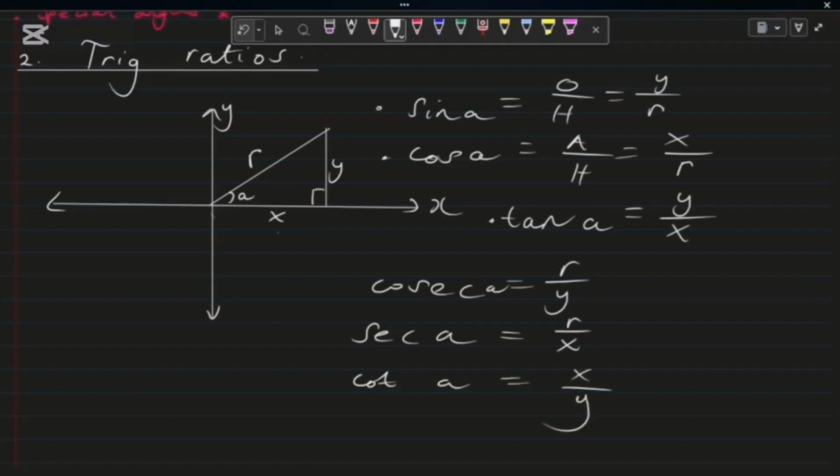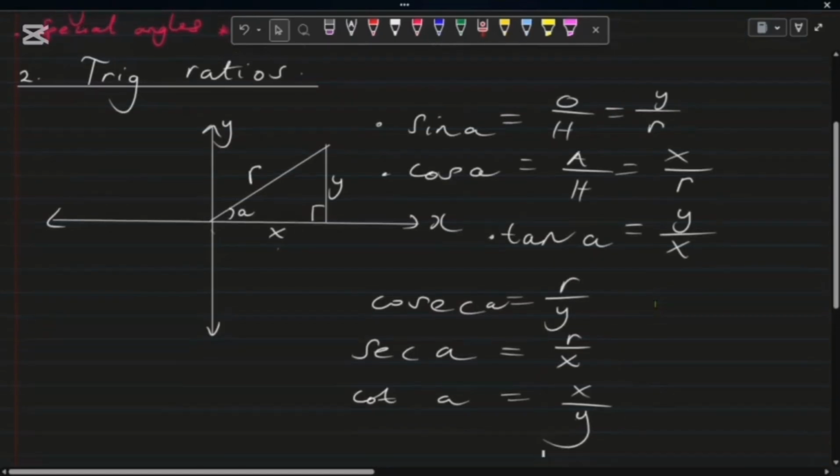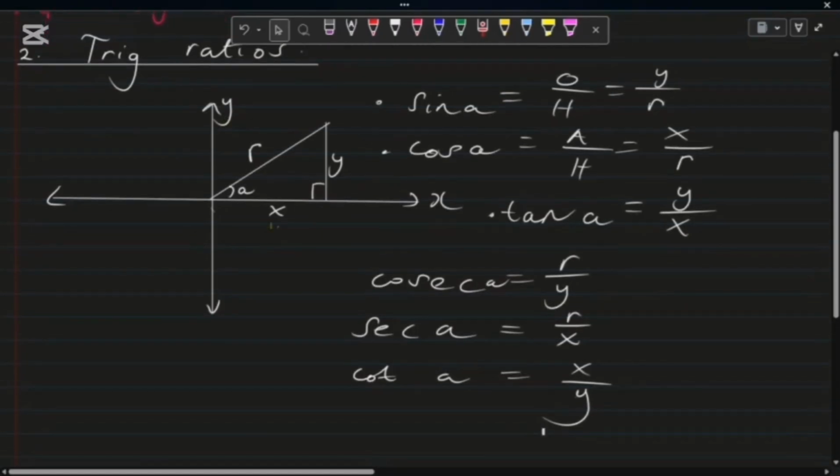So these are the reciprocal trig ratios of the fundamental trig ratios that we have. So this is how we deal with trig ratios when we are working with the Cartesian plane.